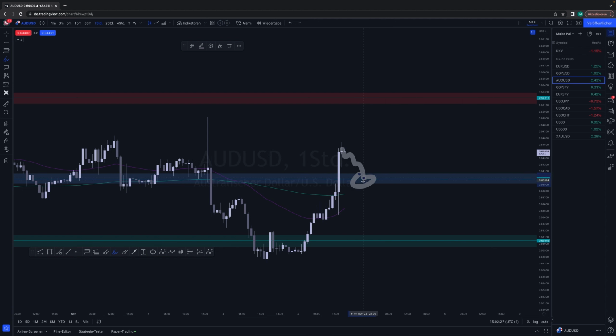And in this zone, guys, I want to see confirmation, right? There can be candlestick patterns, indicators, whatever you want. I want confirmation that the market stops here and buyers are getting back in to draw the market back upwards.